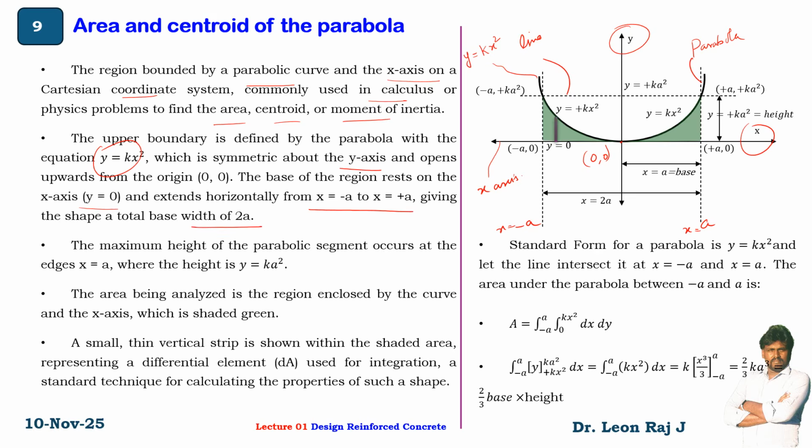The maximum height of the parabolic segment occurs at the edges, x equal to a, where the height y equal to k a square. Here we just substitute x equal to a, and we get k a square. The area being analyzed is the region enclosed by the curve and the x-axis, which is shaded in green.